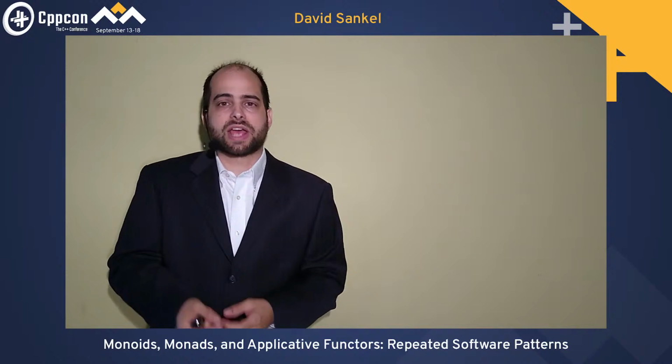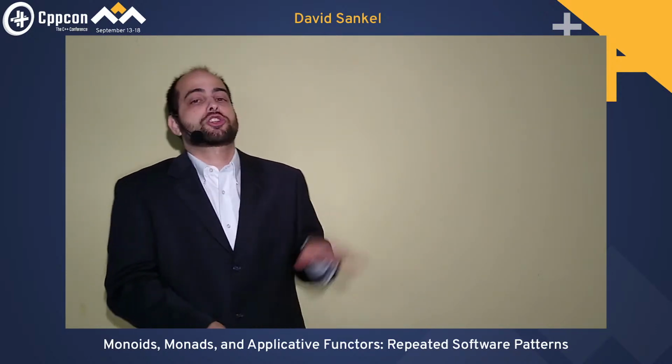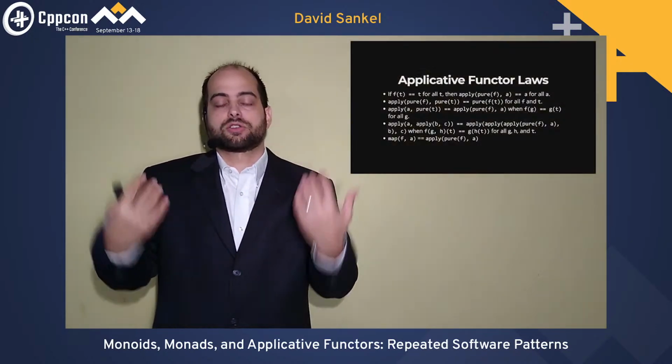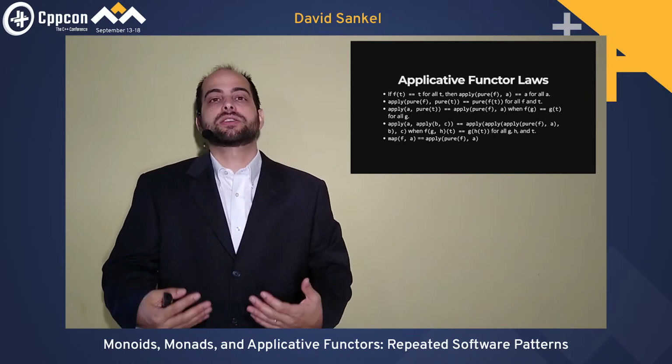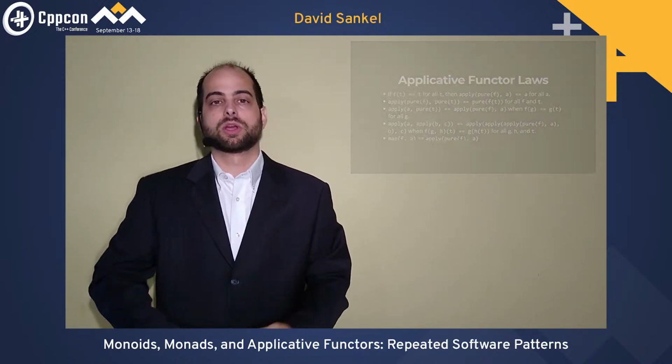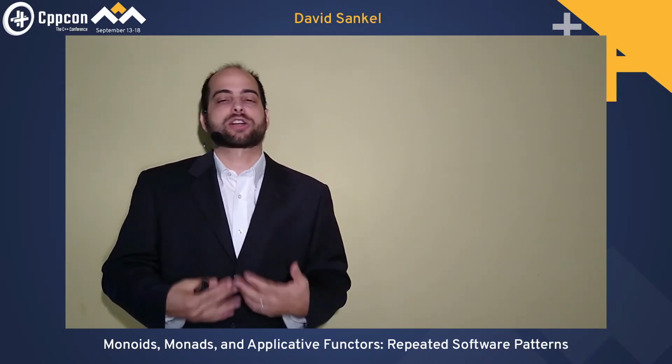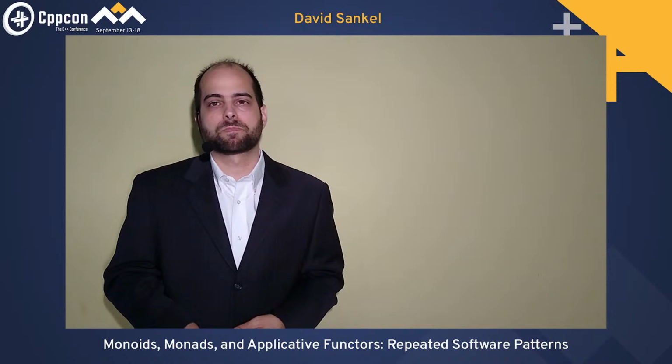Now, applicative functors have a bunch of laws, and I'm just showing them here for your own interest. I'm not going to go over these laws. It does what you would expect if you think about what would be the natural laws for an applicative functor.